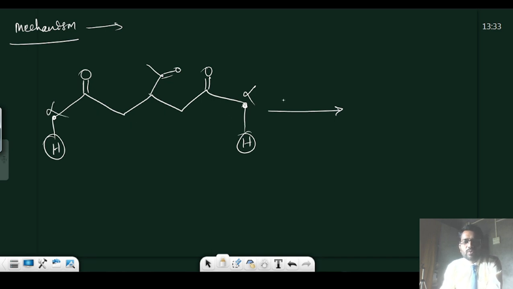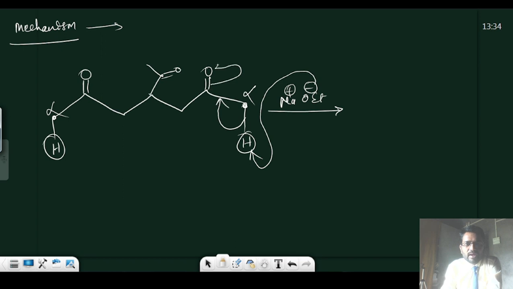Okay. So when we provide sodium ethoxide to this particular substrate, what is going to happen? This base will take proton from this side only, and there is a formation of enolate anion. Okay, this sigma bond will break. There is a formation of anion system over here, and this anion, when it does the conjugation, this pi bond has to break, and this pi bond will come over here on the oxygen.